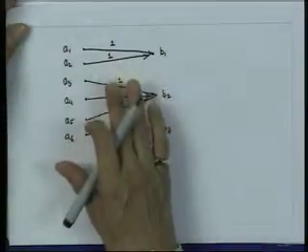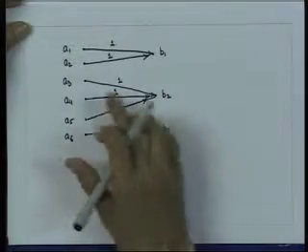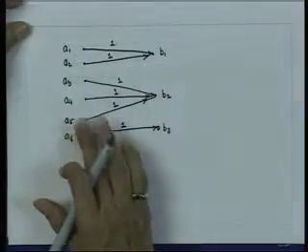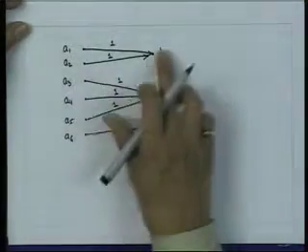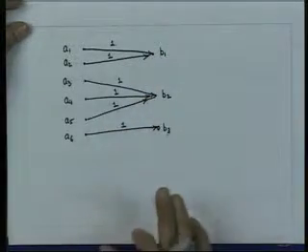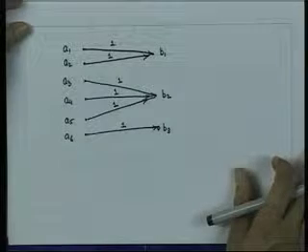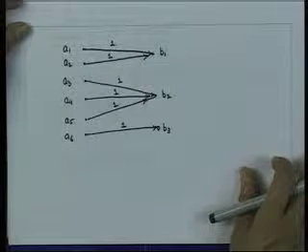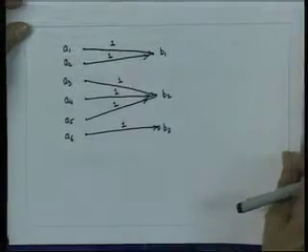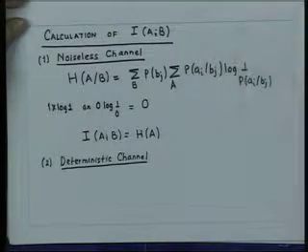For a deterministic channel, the input symbol A i is sufficient to determine the output symbol B j with probability 1. So, it implies that all the probabilities of B j given A i are either 0 or 1.